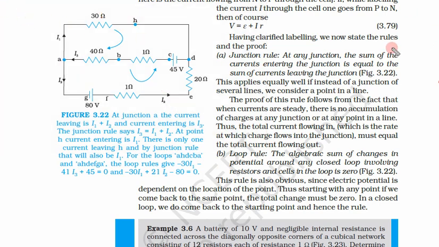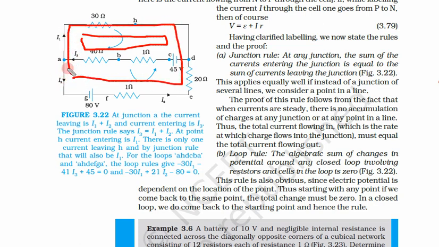Now for the second rule, the potential drop, first we took this loop and then we took this bigger loop. If we start at point A, and after completing a loop come back to this point, the potential difference would be 0.